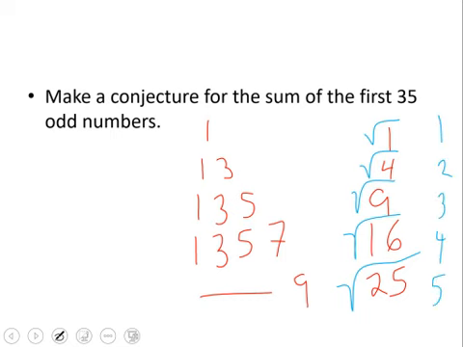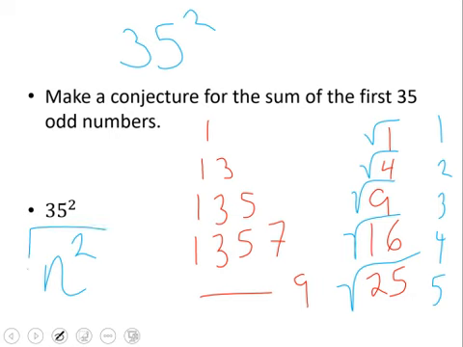So however many odd numbers we have, that's the square root. With this one, we would take our 35 and square it, and that would be our answer for the sum of the first 35. So our conjecture is that the number of odd numbers squared will tell you the sum of all the odd numbers up to that point.